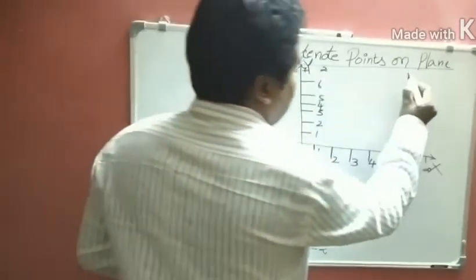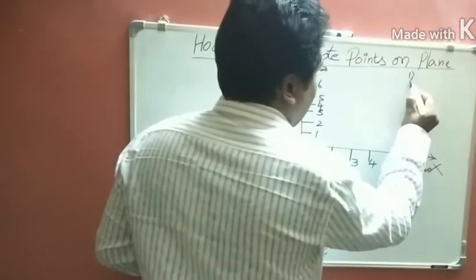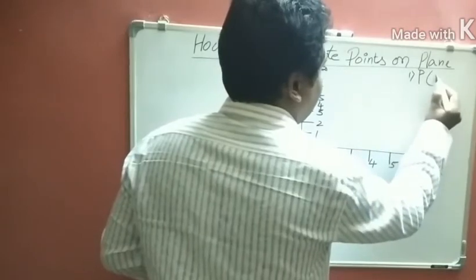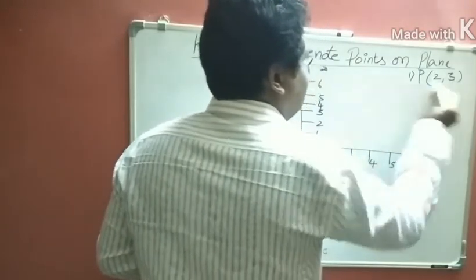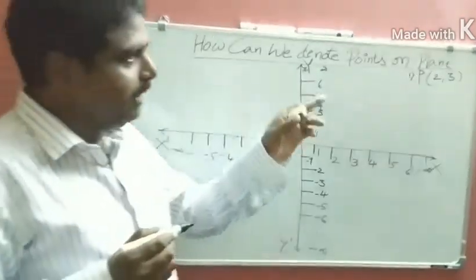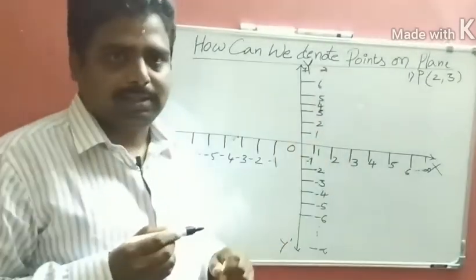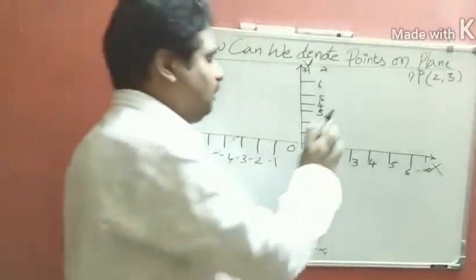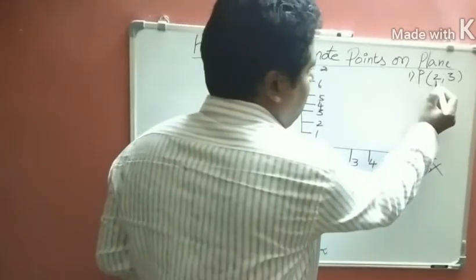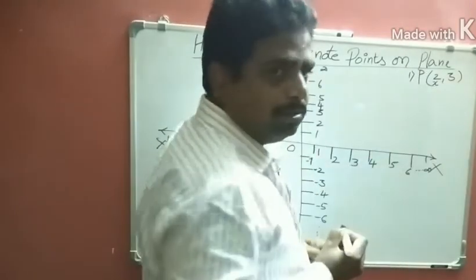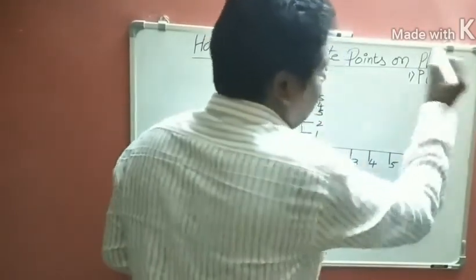Let us take the first point P(2, 3). Denote the point P(2, 3) in the Cartesian plane. First, by observing the point itself, x is equal to 2 and y is equal to 3.